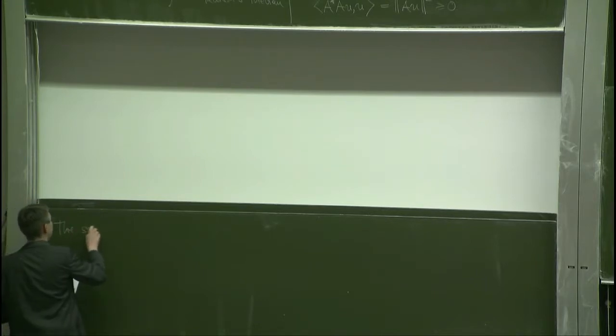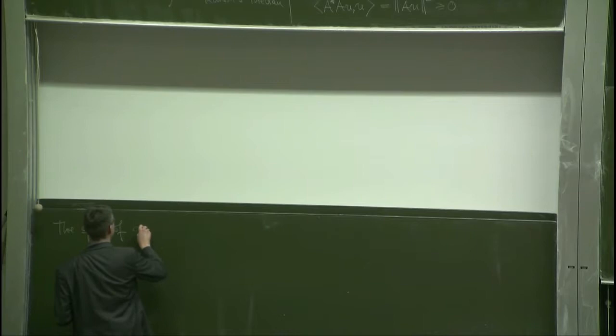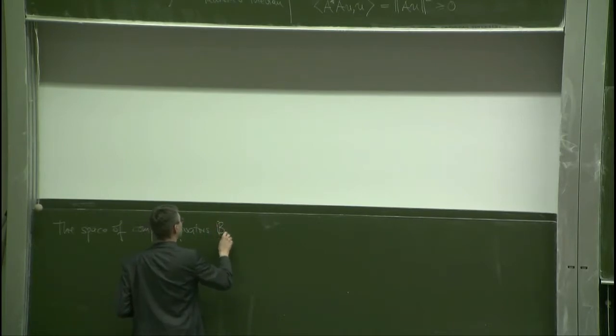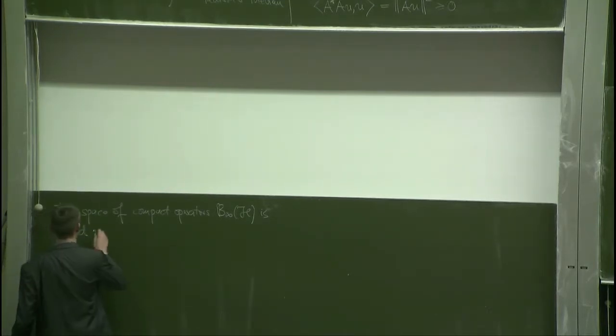First of all, let's remark the following thing. This is important. So the space of compact operators, in my notation this B infinity of H, this, of course, as you know, is closed with respect to the usual operator norm.